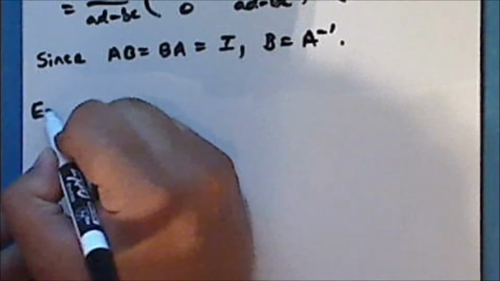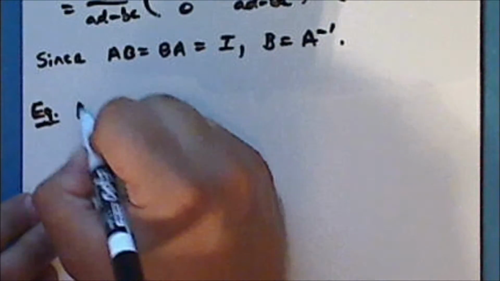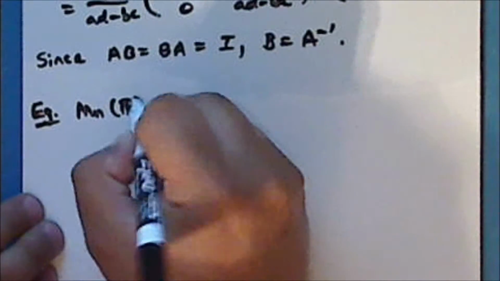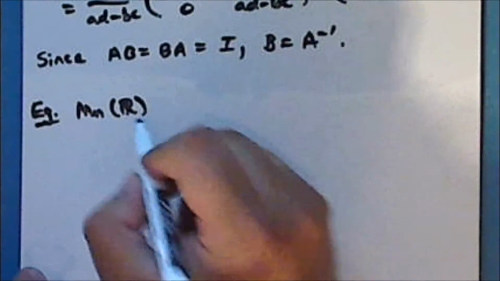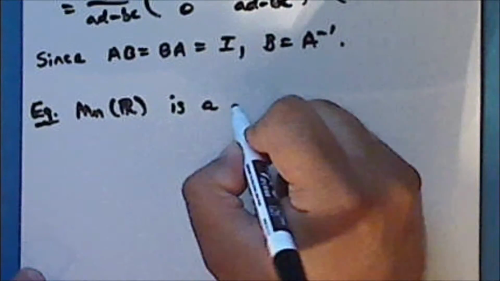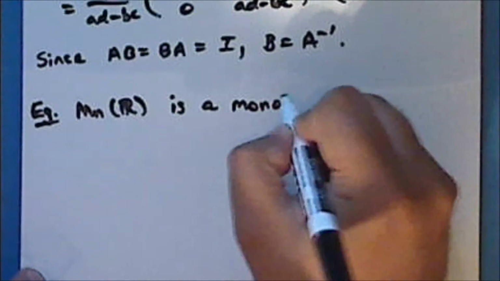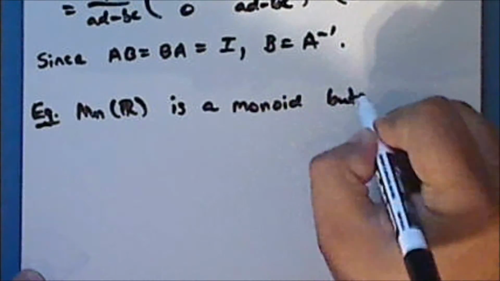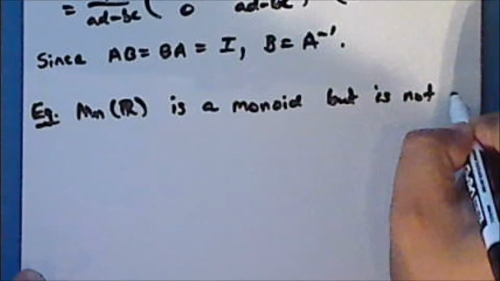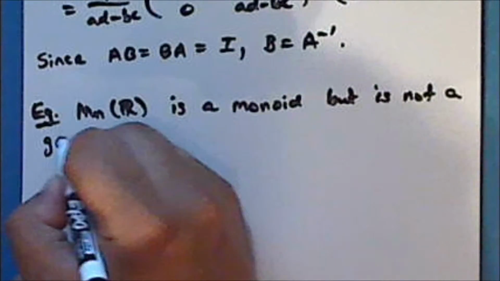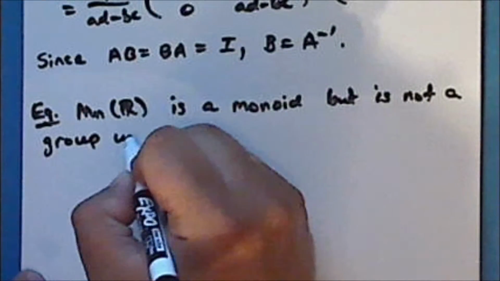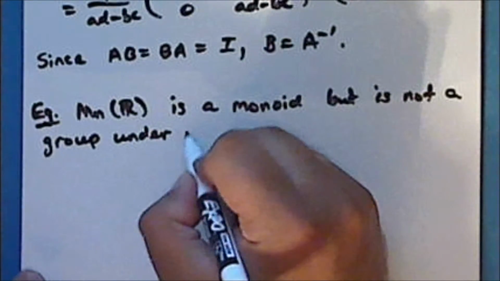And in the third exercise, we need to show that the set of all square matrices of order n with real entries is a monoid, but is not a group, under matrix multiplication.